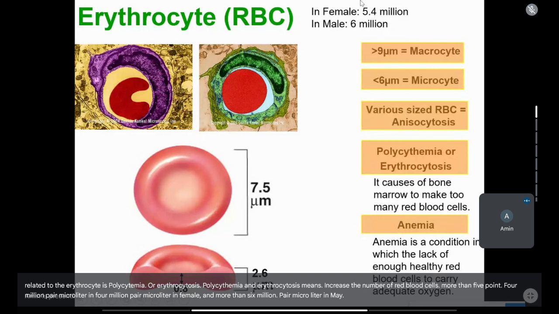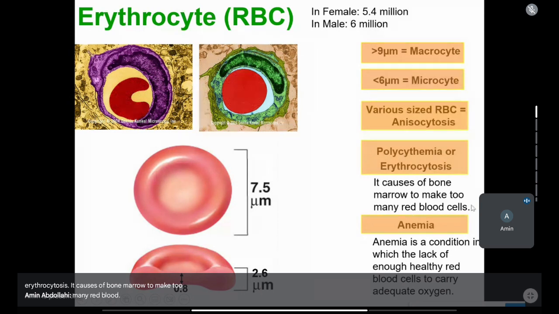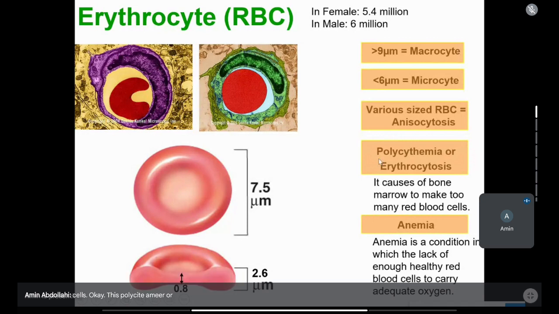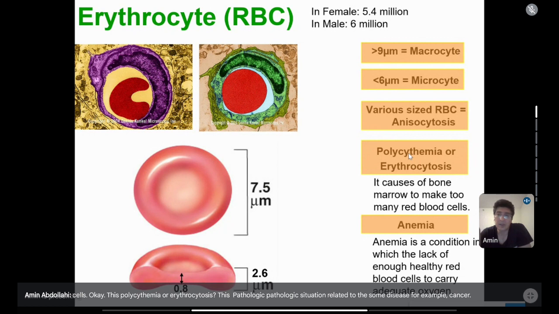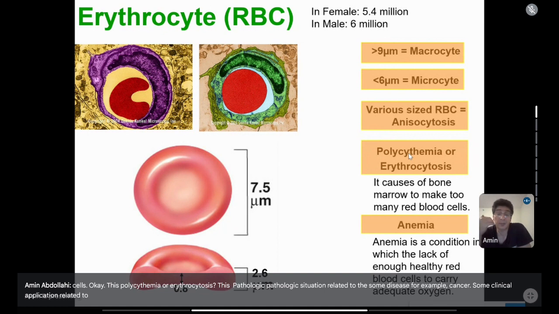This condition is called polycythemia or erythrocytosis. It causes the bone marrow to make too many red blood cells. Okay? This pathologic situation is related to some diseases, for example, cancer and some clinical applications related to blood tissue.